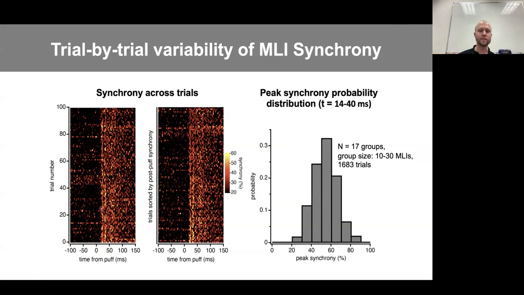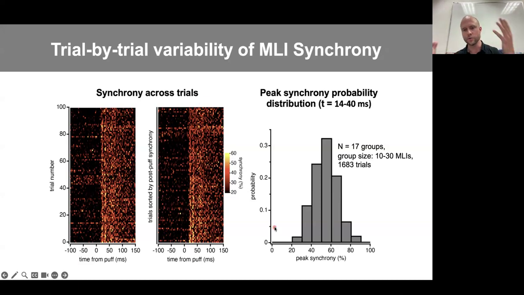This is no longer coactivity, so we've divided by the total number of cells. But what you see is that there's variability in these initial peaks in synchrony. And that's better observed when one sorts the trials according to the peak amount of synchrony that occurs during that early time period. And when you do that, you find that there are trials that have approximately 60% synchrony, and then there are trials where there's not so much synchrony.